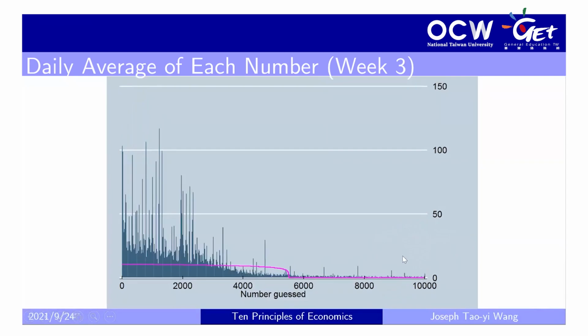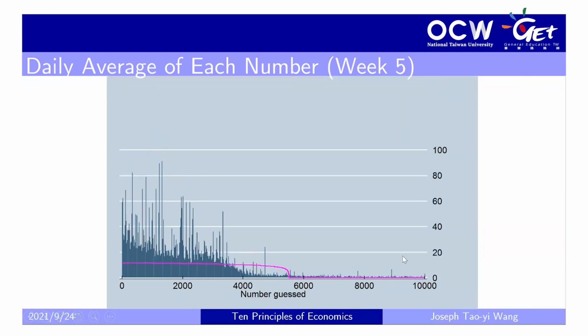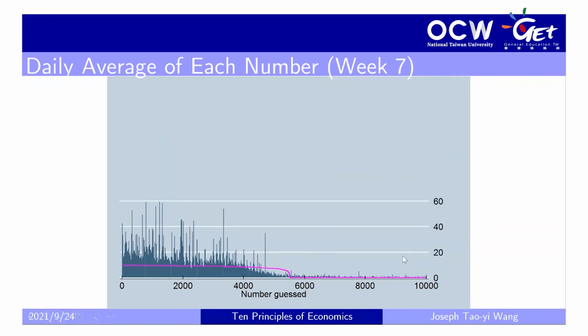Let's look at week 3. Things are converging closer to equilibrium. Week 5 and week 7. Now down to week 7, this is the last week of data we have. Well, the small numbers that were overchosen are now close to what theory predicts, or much closer, although there's still a lot of spikes.